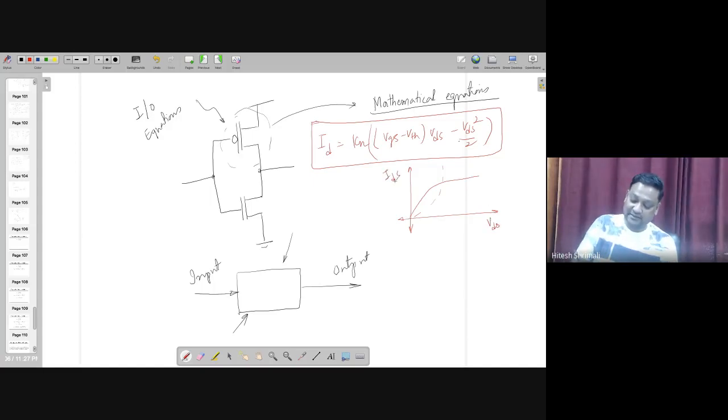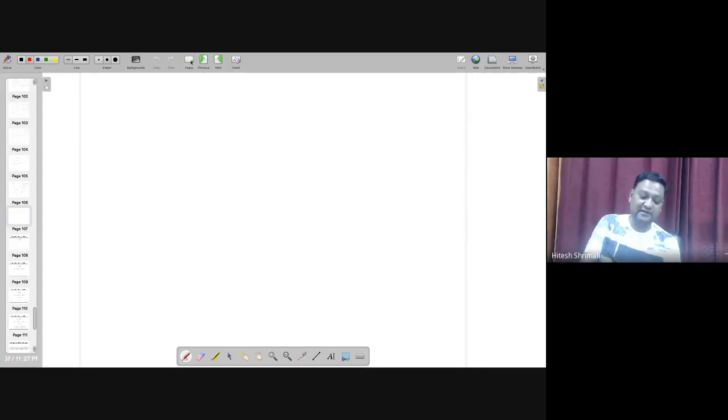But here the question is whether this equation works now also. When I'm saying now, it means we are in deep submicron technology. Maybe we started with micrometer channel length. So in earlier times, maybe in the 70s, when one of the processors came into the picture, that processor was in micrometer, right?